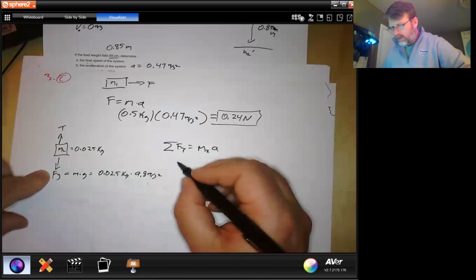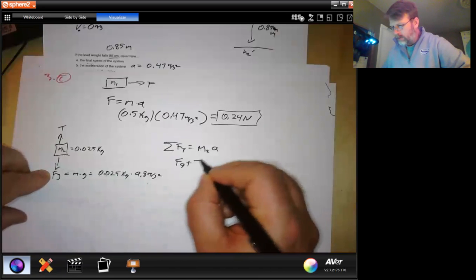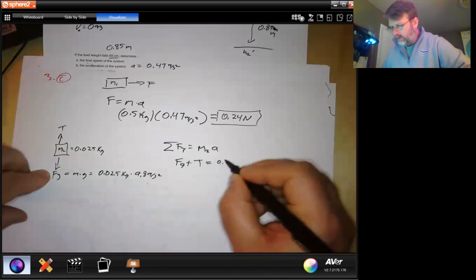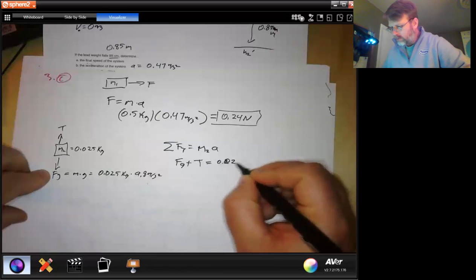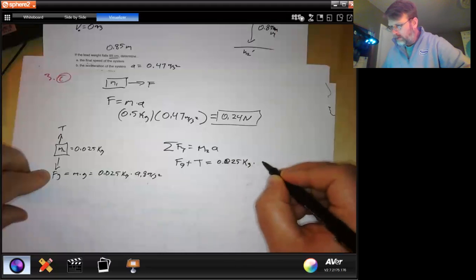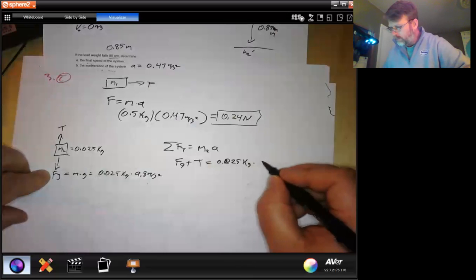So now we could do force of gravity plus tension, they're going to be opposite signs, equals 0.025 kilograms times my acceleration, which we still have from before.